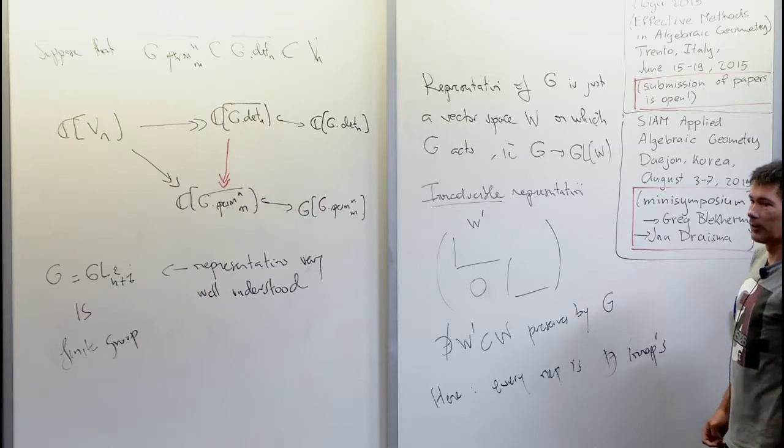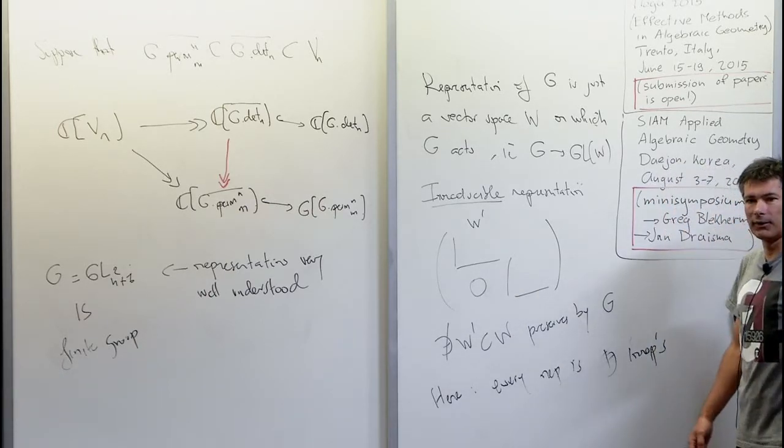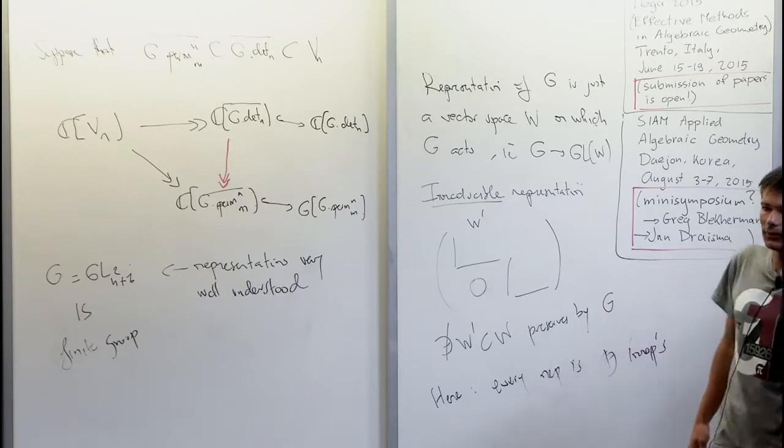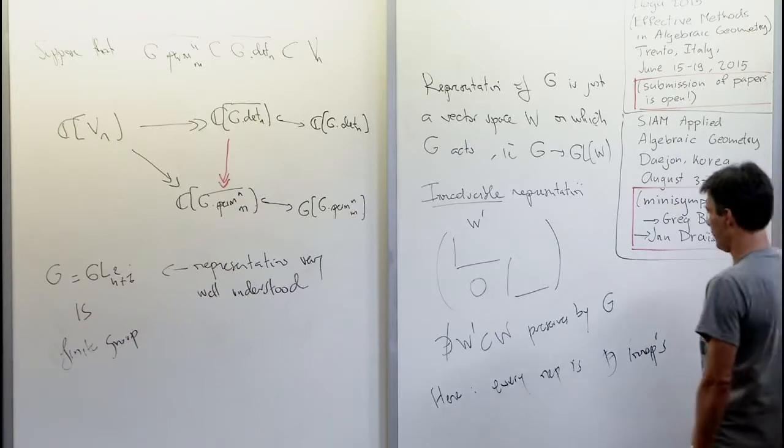And then there is a general theory. They're encoded by some combinatorial data. Okay, so let's forget it. For GL_n, Christian explained this in some detail, but let's forget it for a while.